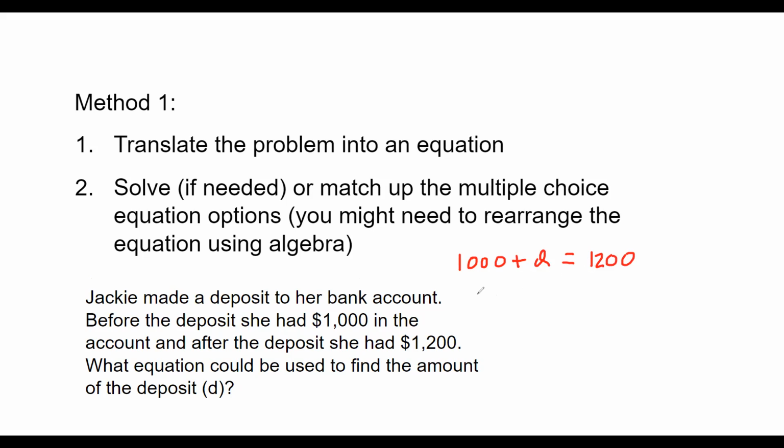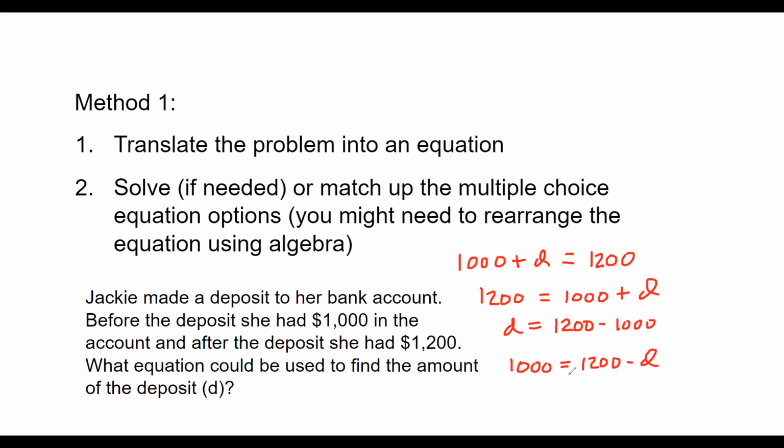The first might be that you start with the 1,200 on the left, and you say that that's equal to 1,000 plus D. Same thing, but looks a little bit different. We could also say that the deposit would be equal to 1,200 minus 1,000. That would also be true. We could also say that 1,000 would be equal to 1,200 minus D.